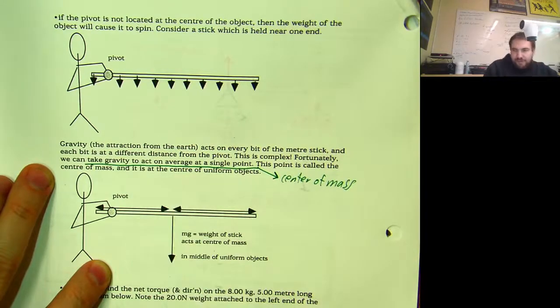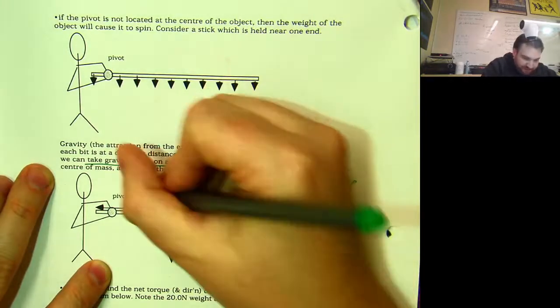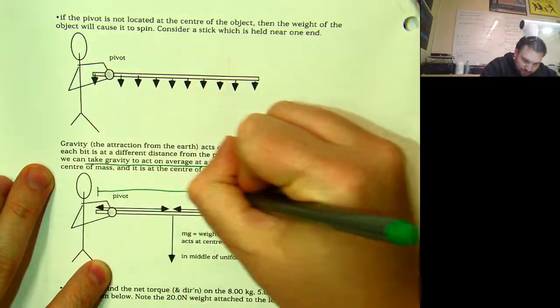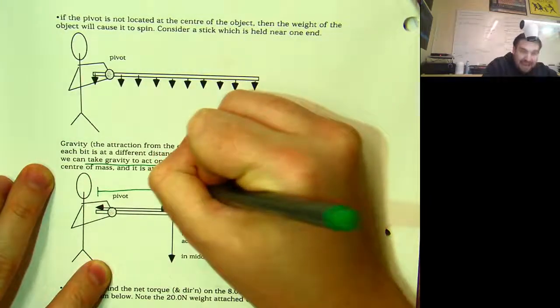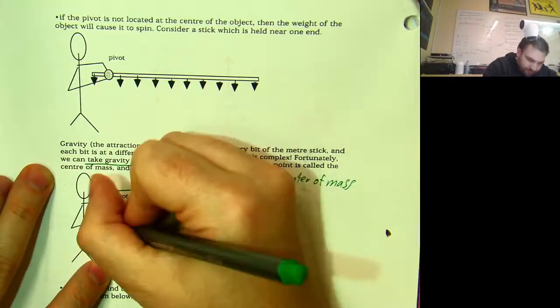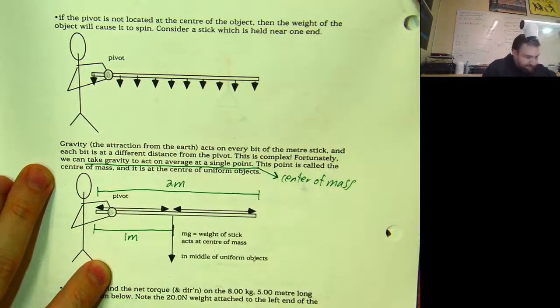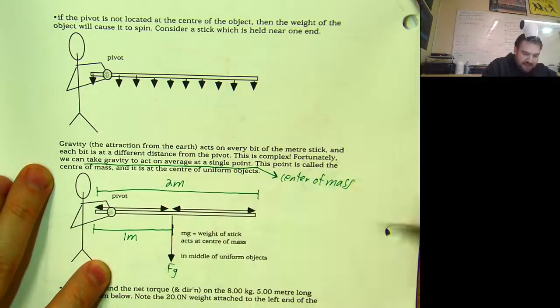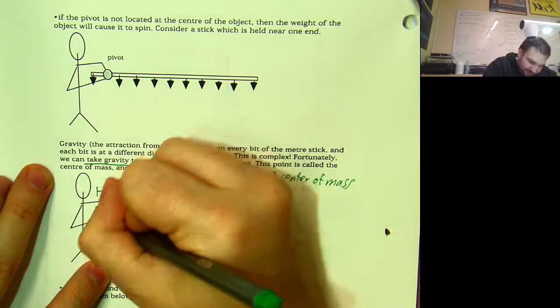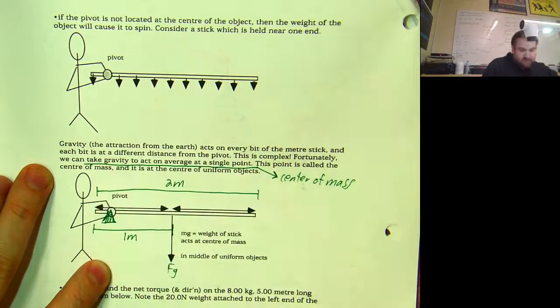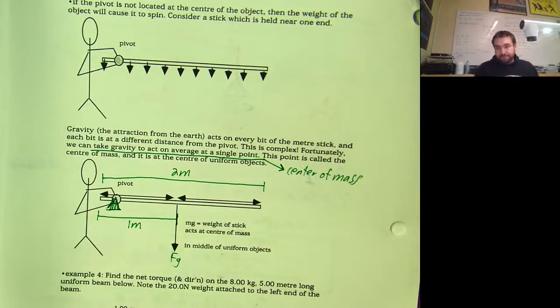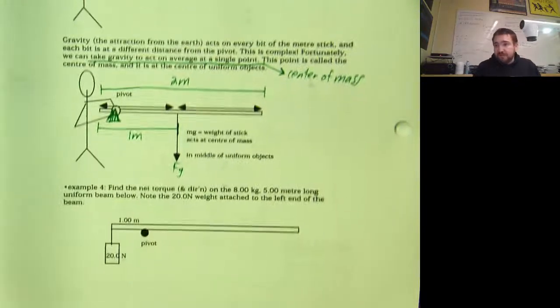In a uniform object, an object that is the same throughout, the center of mass is located at the center of the object. So, if this is a 2 meter long object and it's uniform, the center of mass will be 1 meter in, and Fg will act down at that point. And we'll have a pivot, and away we go.